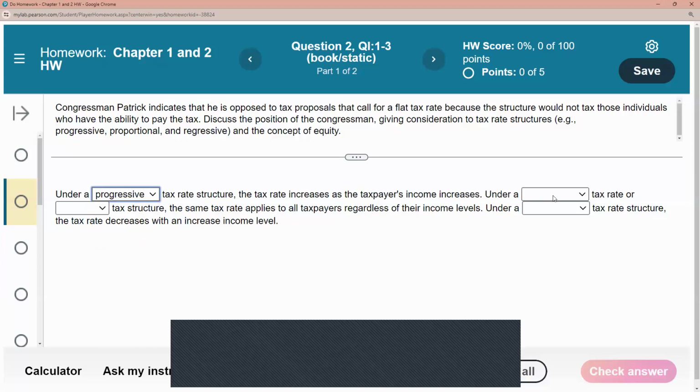It says under a blank tax rate structure, the same rate applies to all taxpayers regardless of their income levels. Here we see average, effective, flat, and marginal. Just to ensure that you understand what these mean, the average tax rate is computed by dividing the total tax liability by the amount of the taxable income.